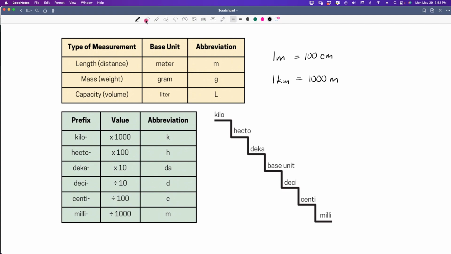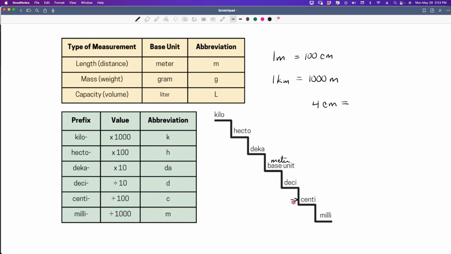Another way to do that, if you are given a value, let's say we have 4 centimeters, and we want to know how many hectometers that is. There's this cool little method called the stair-step method. What you do is you put your base unit, which in this case is meters, in the middle, and you start with where you are, which is centimeters.